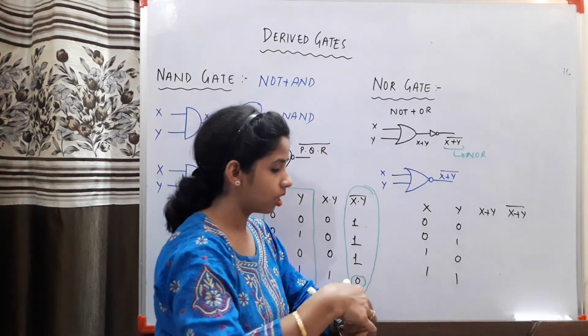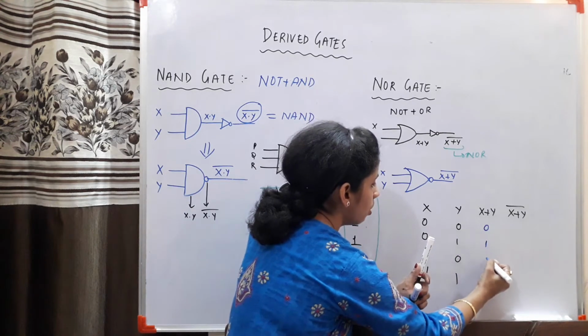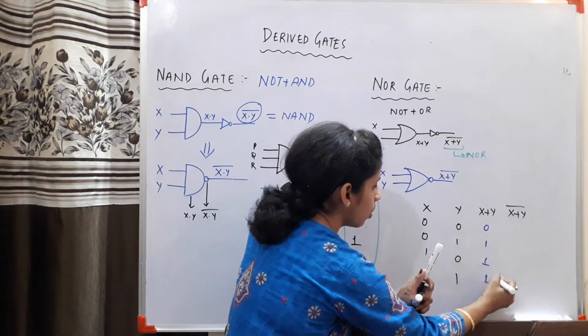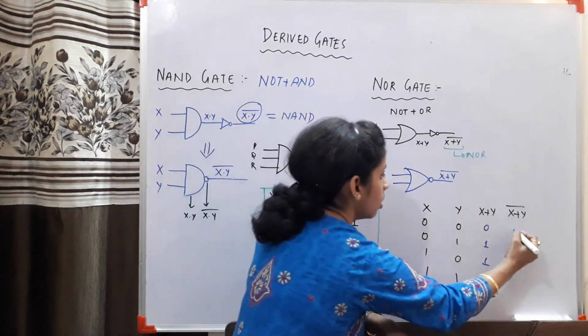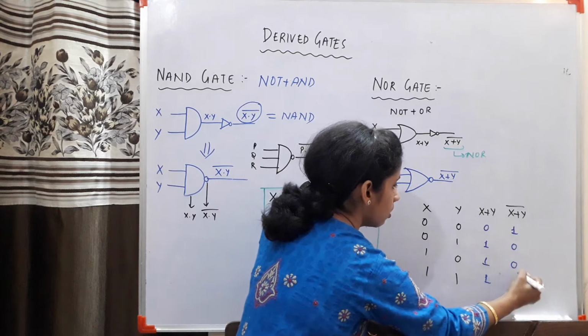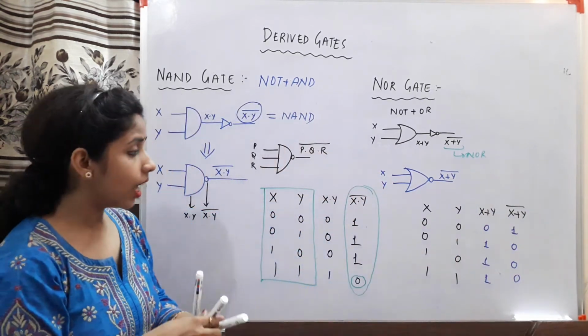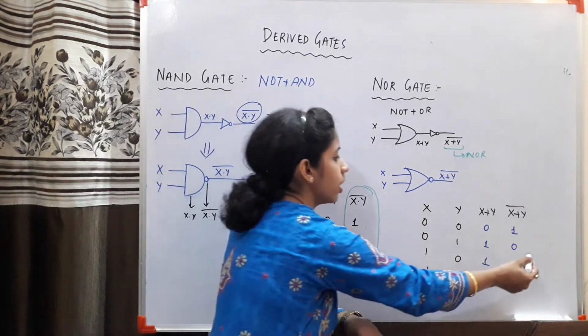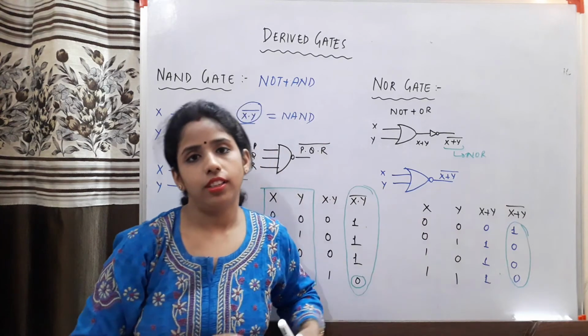Now perform x plus y, the output will be 1 even if one of the inputs is 1. So this is the output for OR and you negate it, it will be 1 and these three will be 0. So here also you can see that the output of NOR gate is opposite to OR gate.